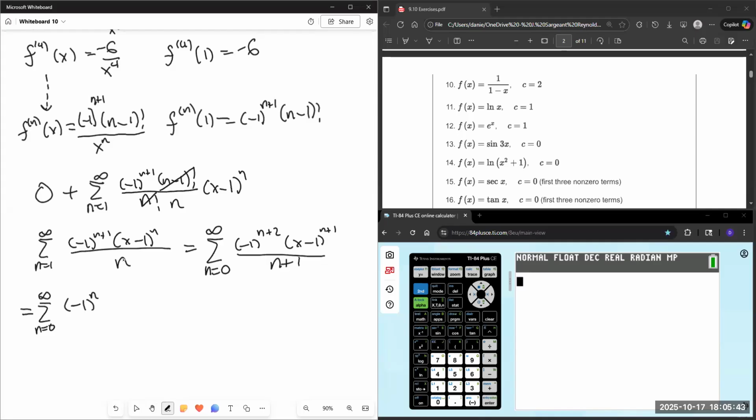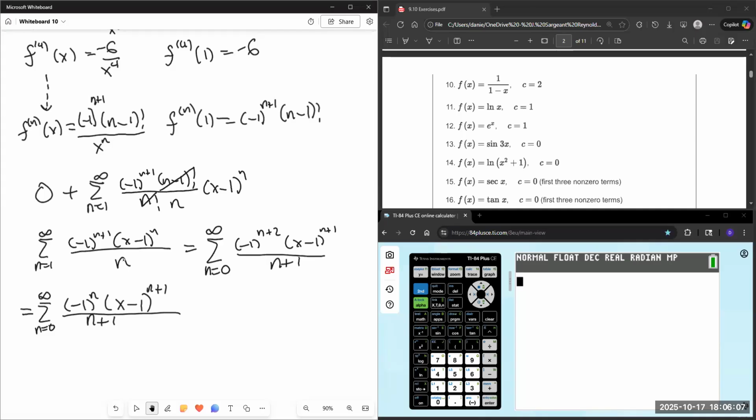We'll deal with those if they show up, and they get rid of the sign changer altogether. But if the sign changer is going to stay in the problem, it almost always ends up with an exponent of n minus 1, n or n plus 1. And write the simplest version of that you can. So this is the final answer that they want.